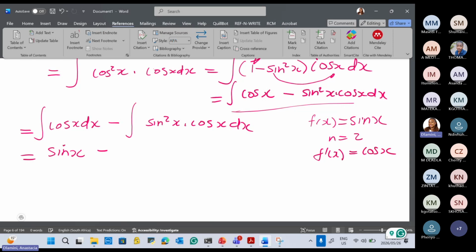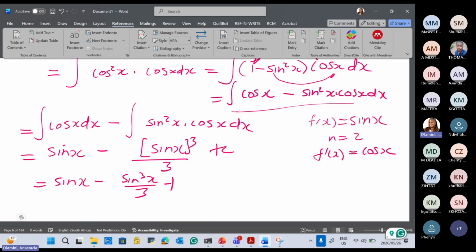So we can say this is sine of x to the power of 3 over 3 plus c. So this is sine of x minus sine cube of x over 3 plus c. Are we happy? Yes. Thank you.